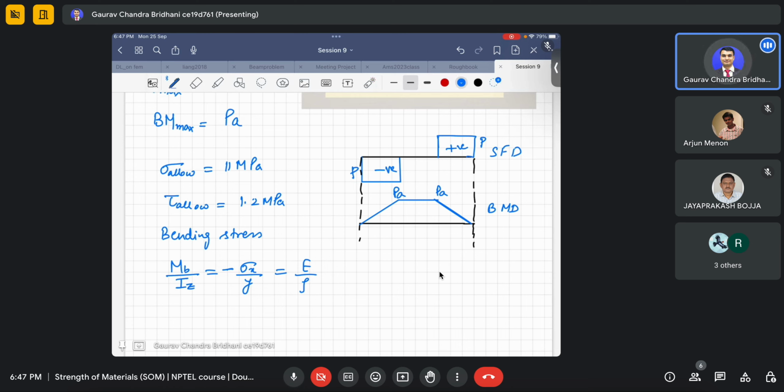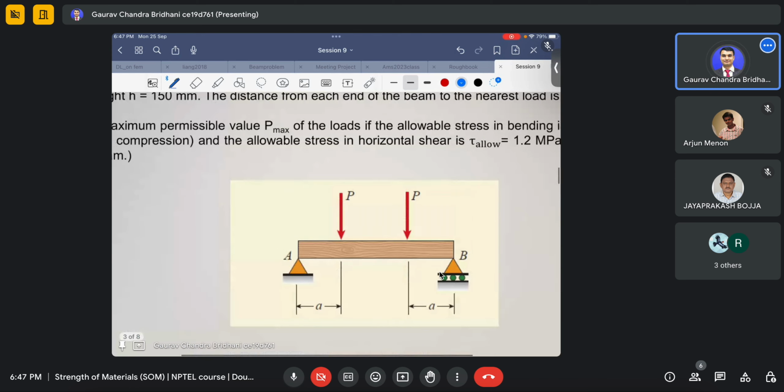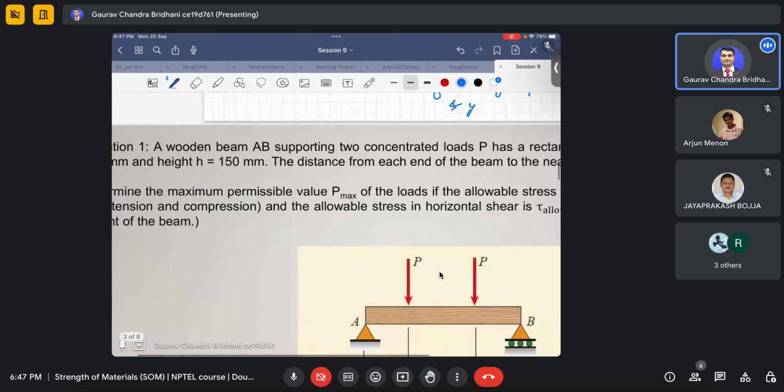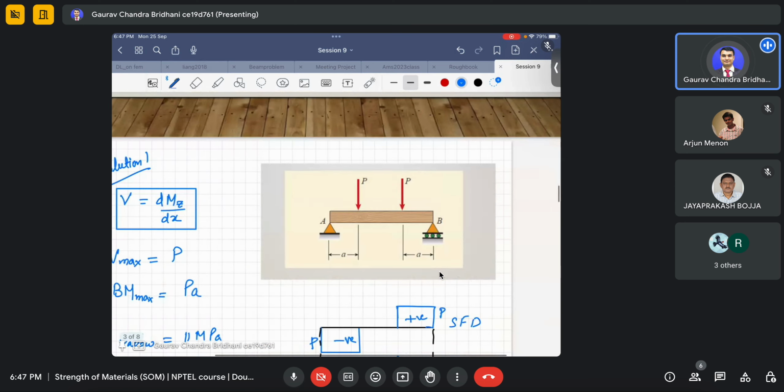Before that I'll draw the cross section. I think the cross section is 100 mm in width and 150 mm in depth. That is the size of the cross section. The height is 150 mm and it's a rectangular cross section.